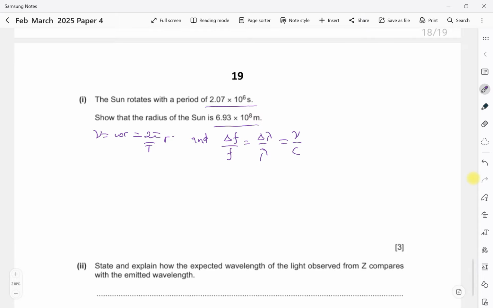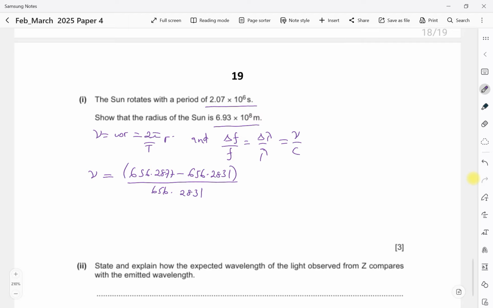So it means that V equals the change in wavelength, or the difference in wavelength, which is 656.2877 minus 656.2831, divided by 656.2831.